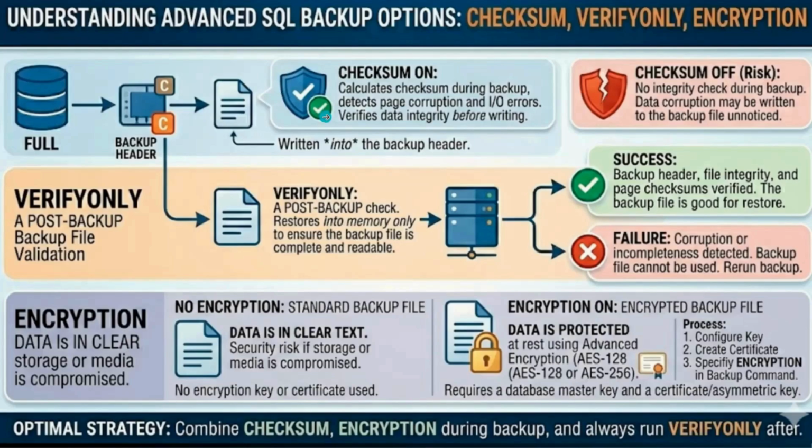If that number matches the existing number currently in the page, then we say this page is safe, this is not corrupted. If the checksum is off, then SQL Server does not verify that checksum number, and it just copies that page as well. So if you use the checksum on option, you will be sure that the data block you are backing up is not corrupted, right?